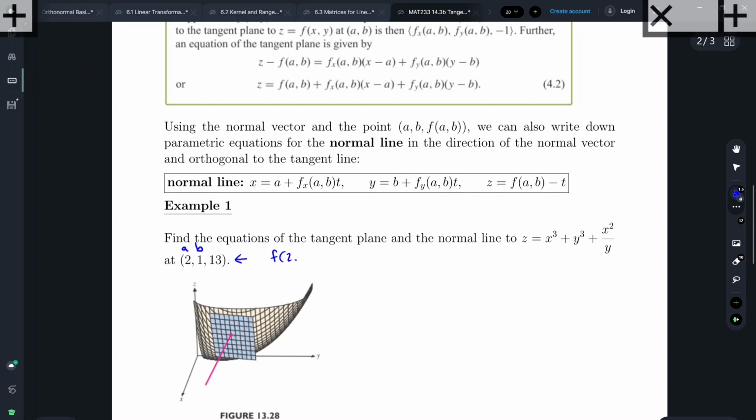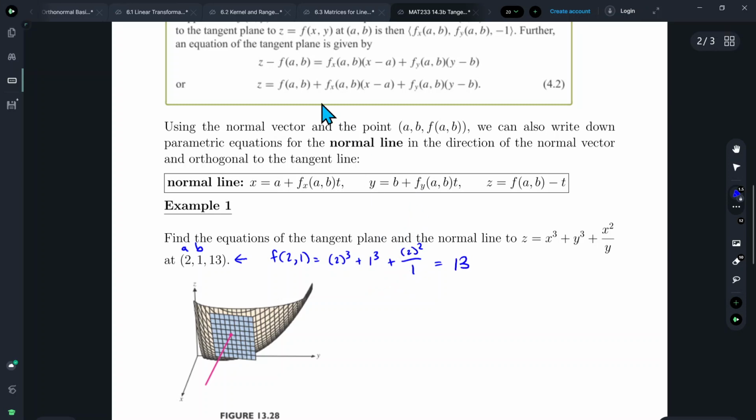So f of 2, 1. Let's just calculate it real quick, right? So x cubed, so 2 cubed plus y cubed, so that's 1 cubed, and then plus 2 squared over 1. So calculating this is 8 plus 1 is 9, 9 plus 4 is 13, right?